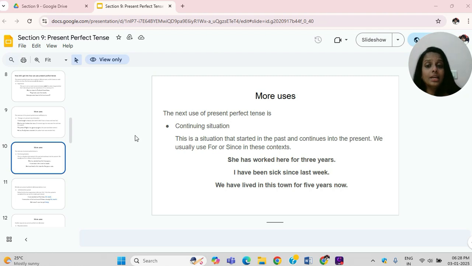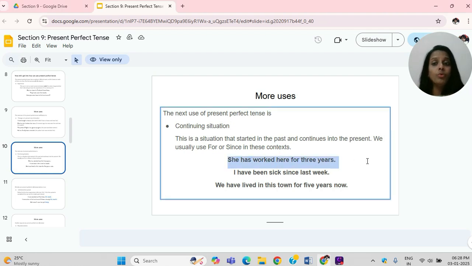Let's see other examples of present perfect tense. If you want to describe an action or state that began in the past and continues into the present, we can use this present perfect tense. These sentences are often used with a duration or since a starting point. She has worked here for 3 years.